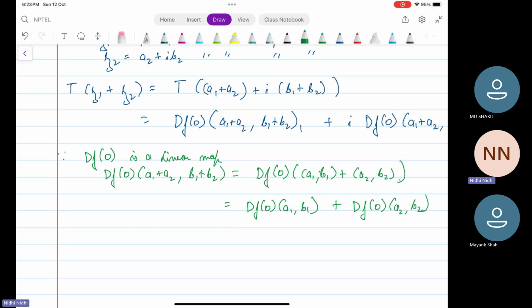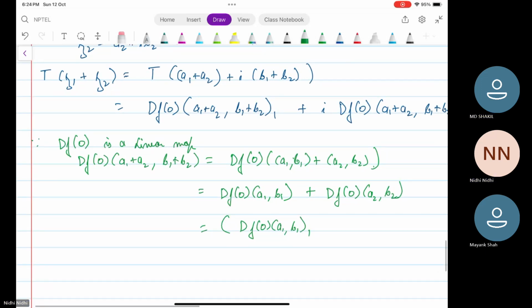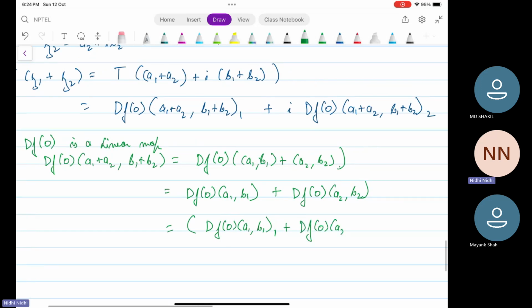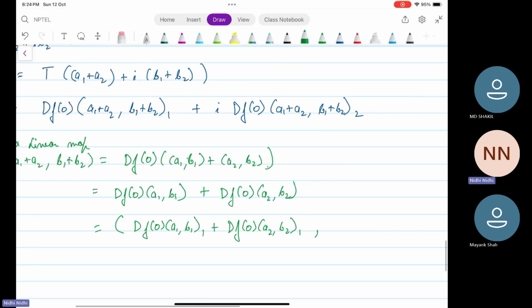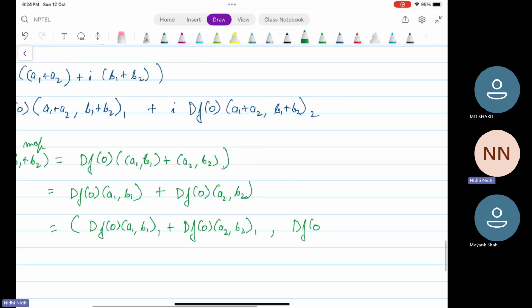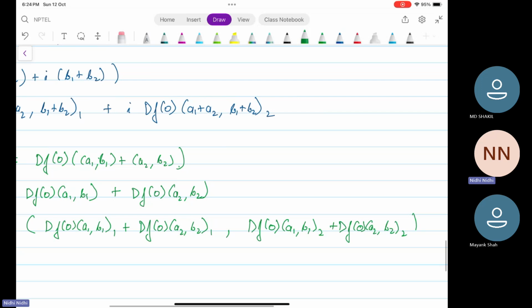So now these are two vectors, and I can write it as df0 a1 b1 first component plus df0 a2 b2 first component comma df0 a1 b1 second component plus df0 a2 b2 second component.